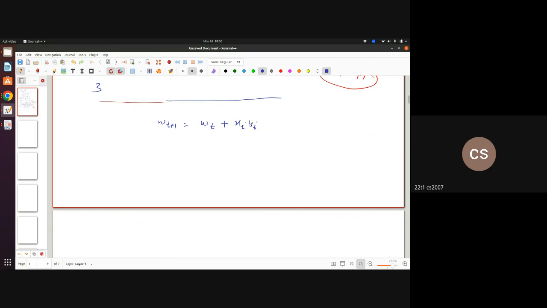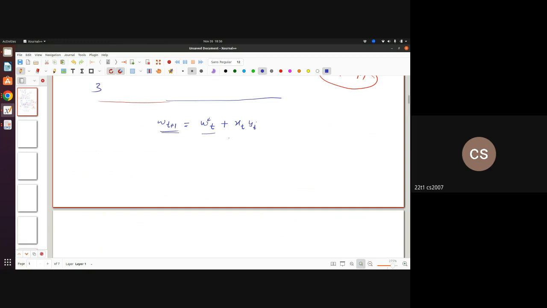Perceptron, there is an algorithm that we did. In each iteration, we check whether a given data point is being predicted correctly by our W or not. If it is being correctly predicted, we are fine, we'll move on to the next data point. If it is not being correctly predicted, we update the value of W with this update rule.